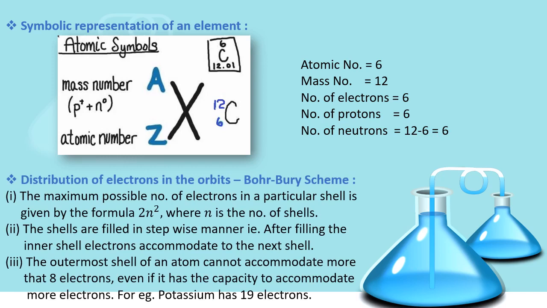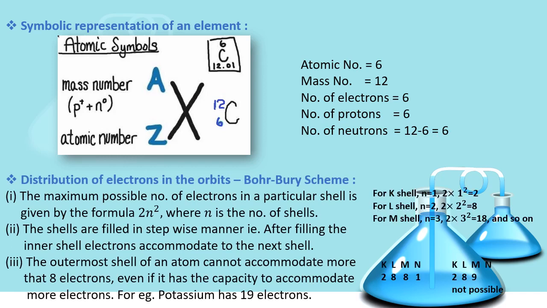Our next topic is distribution of electrons in orbits, that is Bohr-Bury scheme. Let us see what are the schemes of Bohr and Bury. According to the Bohr-Bury scheme, the maximum possible number of electrons in a particular cell is given by the formula 2n square, where n is the number of cells.